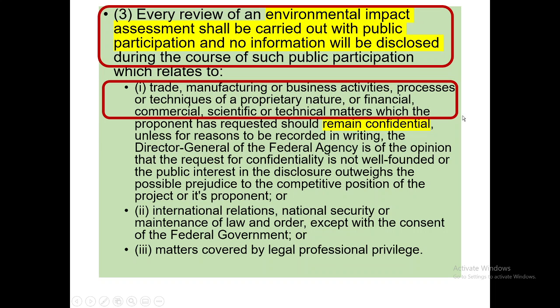The secrecy of the project must be kept in view, and it must not be shared because it can have a negative impact on the trade, or the purpose of the project can be affected if we share such technical and scientific information, which can damage the objectives of the project. So these must be kept secret.